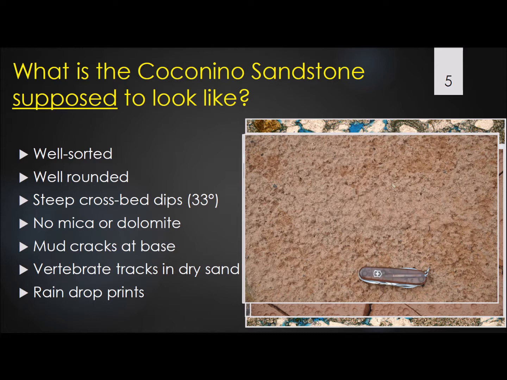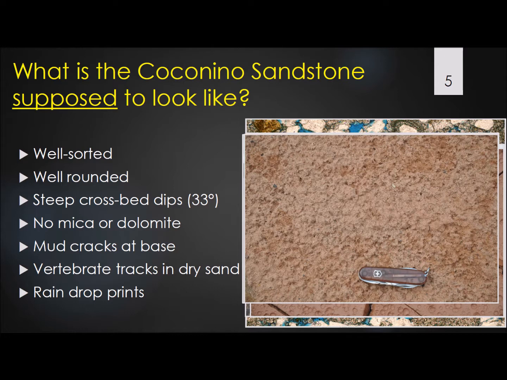I've read a number of papers that say that the Coconino is not supposed to have the mineral mica in it. Mica is a very thin mineral. It often peels apart in little sheets, so when my geology students look at micas in the lab, like muscovite or biotite, I have them peel it apart. And you can peel it apart so thin you can actually see through it.